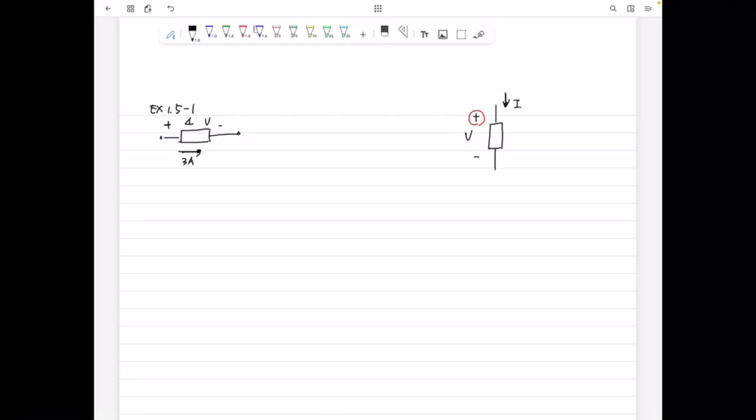Then the power in this element is calculated by voltage multiplied by current. If P is V times I and P is positive, that means power is consumed. If P is negative, that means power is generated.